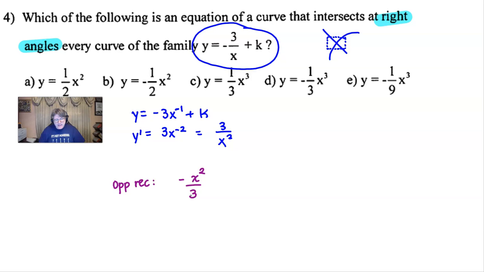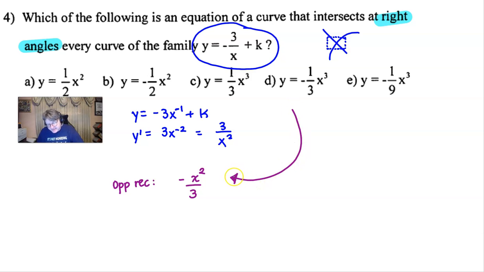Now, I'm kind of happy that none of the answer choices reflect that, because that would be bad, right? What you want to do is to pick an answer choice that is a function whose derivative will produce this.